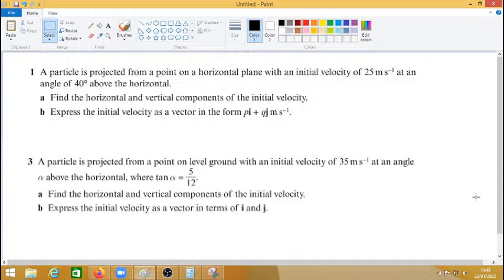Please finish the calculation you're doing and then type in the answers you've got.